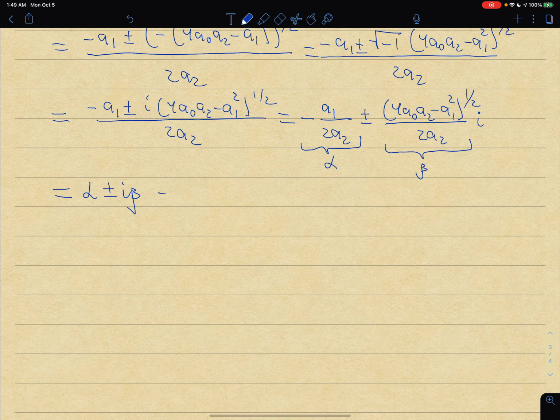We're going to call these complex conjugate numbers. When you have alpha plus i beta and alpha minus i beta, those two are called complex conjugates.